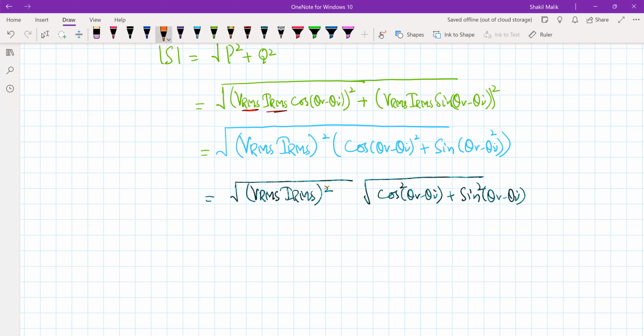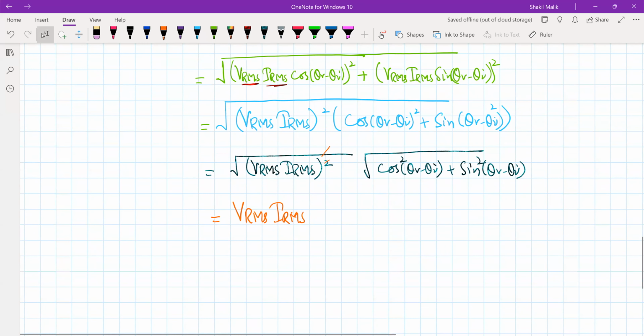So from here you can see the square and root will cancel. So we'll be left with VRMS IRMS, right, multiplied by, what is this? We know the identity cos squared theta plus sine squared theta is equal to 1.